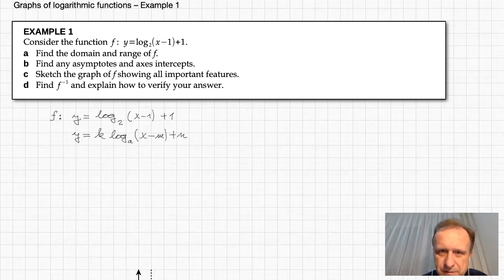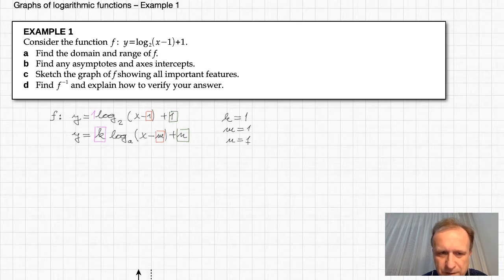And if you compare k to this number here, which is 1, if you compare m to this number 1, and finally when you compare n to this one, you can conclude that k is 1, m is 1, and n is 1.